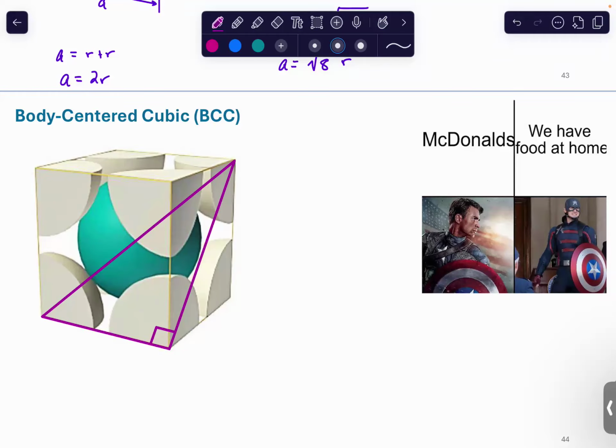But I also have a second right triangle right there.